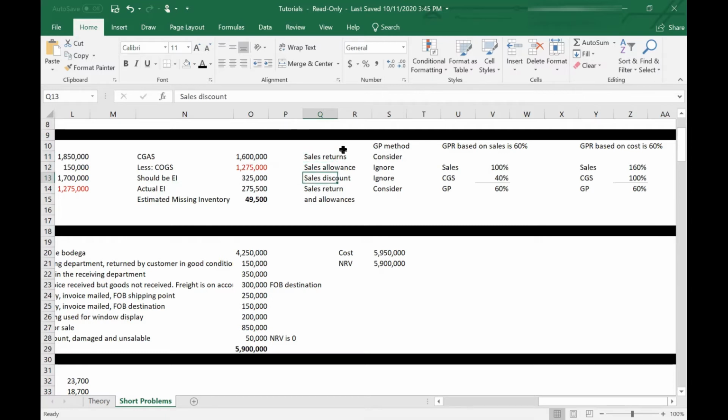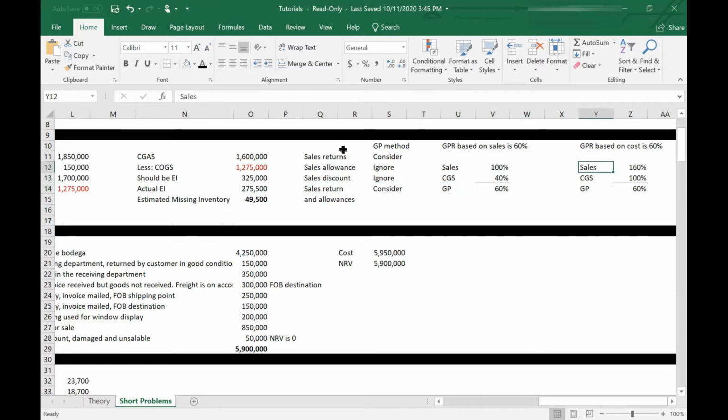Sales allowance and sales discount, on the other hand, don't involve the actual return of inventory. Rather, they represent deductions of amount due. Therefore, as far as the GP method is concerned, you simply ignore sales allowance and sales discount. However, should the problem give you the term sales return and allowances, you consider it.